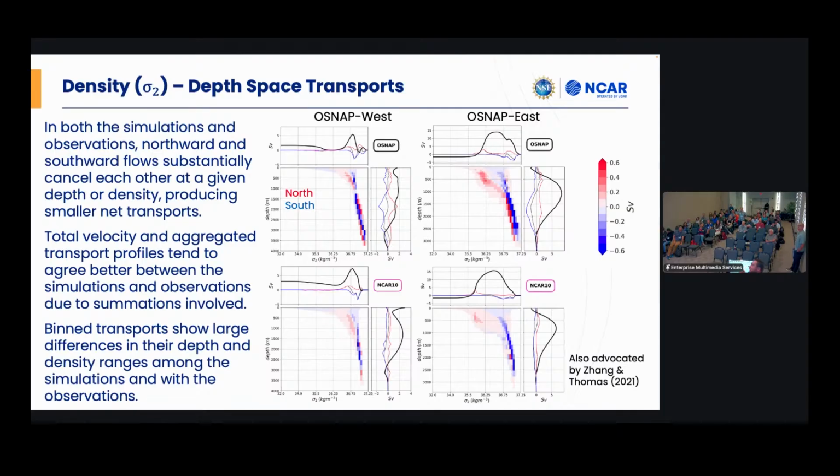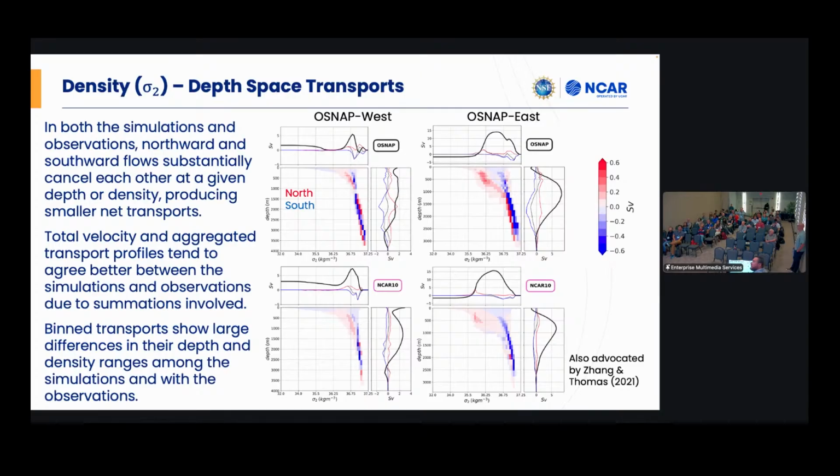Well, the question is, if the stream function was a true representation of the total flow, the stream function should go to 0 at the top and the bottom. Yet the black curves do not go to 0 in any of those panels. And in fact, the difference from 0 is comparable to the difference between the models.